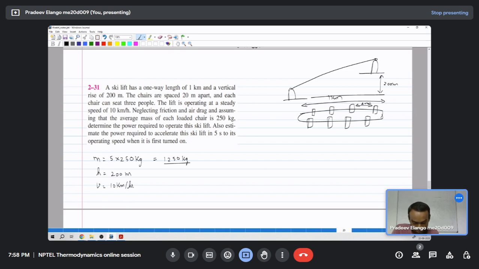And to calculate the potential energy that it is taking, we will have mgh, so that is 1250 into, I would approximate this to 10 meter per second squared, into h is 200 meters. So this is 2.5 megajoules of energy.